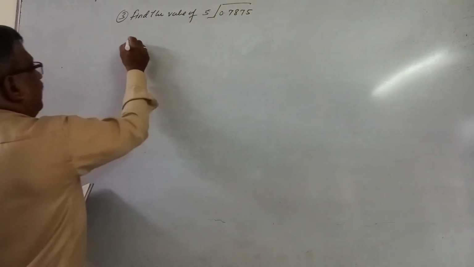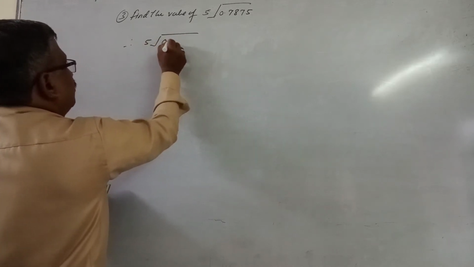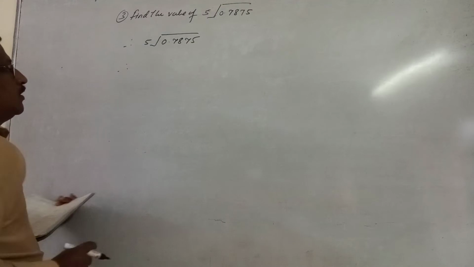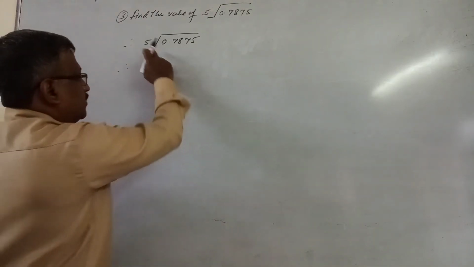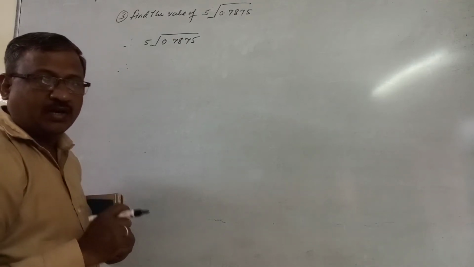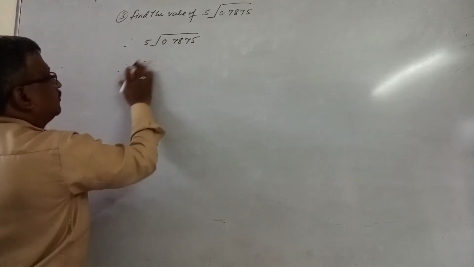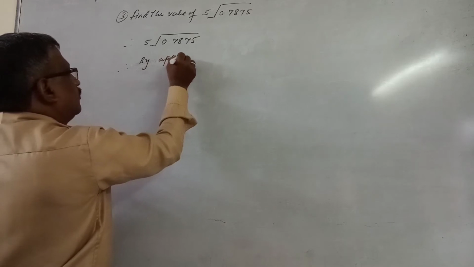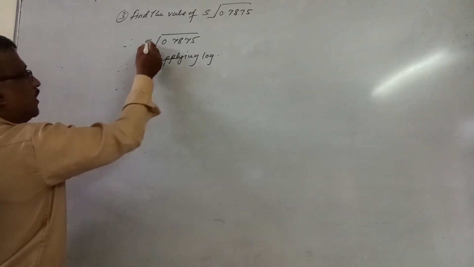So again I will rewrite the problem. It is the fifth root of 0.7875. First, you have to cancel this fifth root, and to cancel the fifth root we take its reciprocal. So before that, apply log and cancel this fifth root.